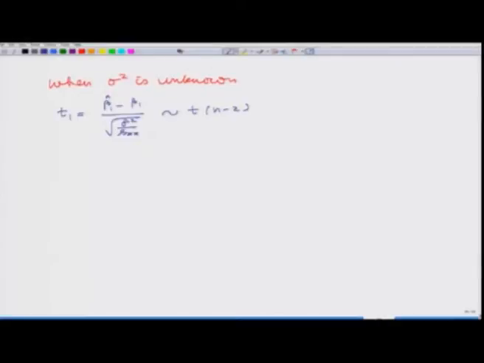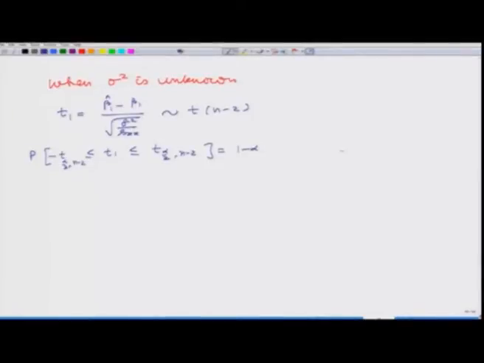Now, based on this statistic, on similar lines, I can find the confidence interval: the statistic T1 lies between minus t alpha by 2, n minus 2 and plus t alpha by 2, n minus 2, and the probability of such an event is 1 minus alpha.